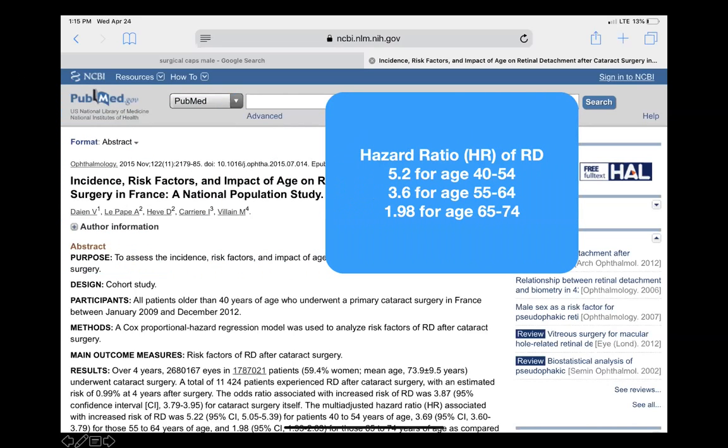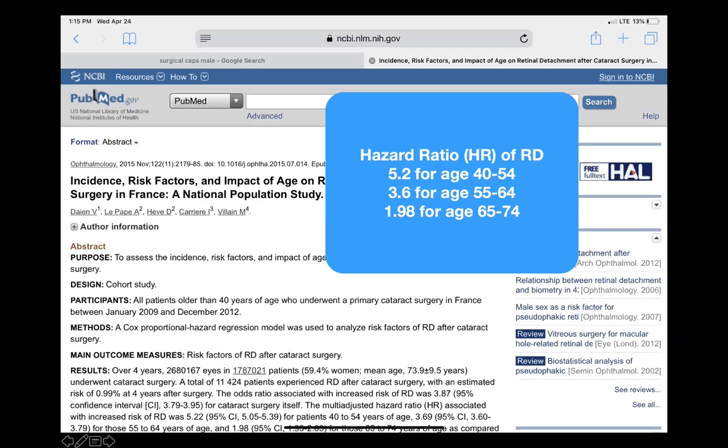The hazard ratio of retinal detachment was 5.2 for age 40 to 54, 3.6 for age 55 to 64, and 1.98 for ages 65 to 74, which is basically the age at which we do cataract surgery for our patients.